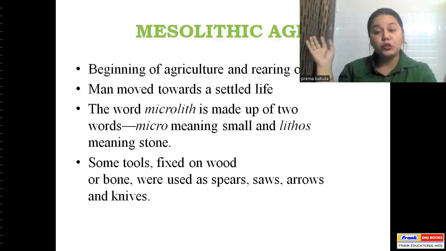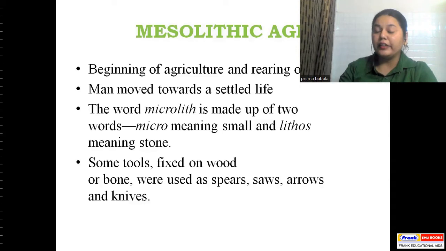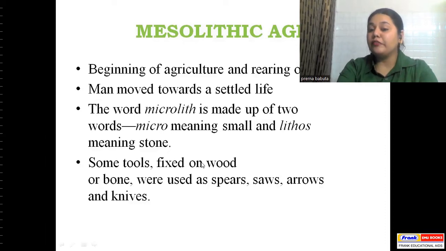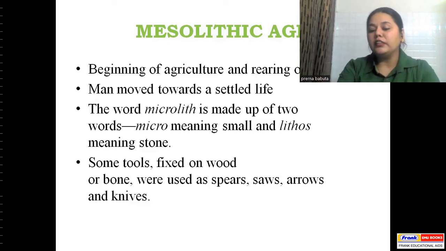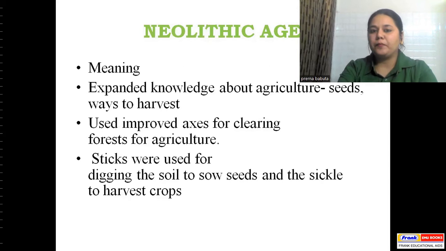Earlier, big stone tools were made by the man of the Paleolithic age. Now man started making small tools, and these tools were fixed on wood or bone. They were used as spears, saws, arrows, and knives. For performing agriculture-related activities, of course, the man of the Mesolithic age needed all of these tools.